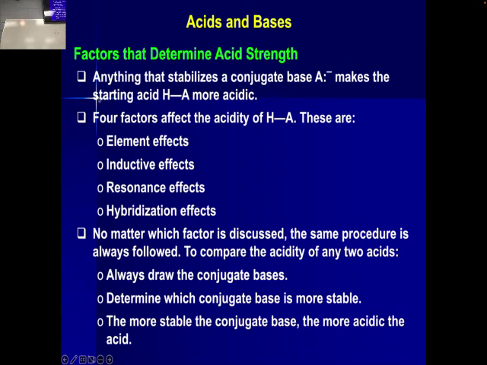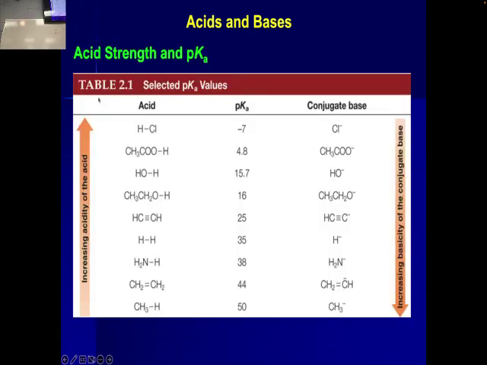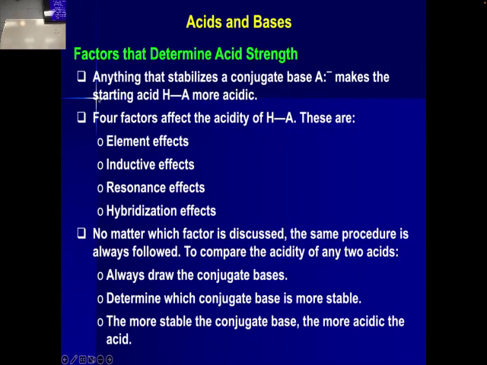Now, obviously, when you look at this, not everything has the same acidity. So what is it that goes into making HCl different than acetic acid, that makes acetic acid different than water, that makes water different than some of these other functional groups that you'll learn about later? It's about what's attached to it. Okay?